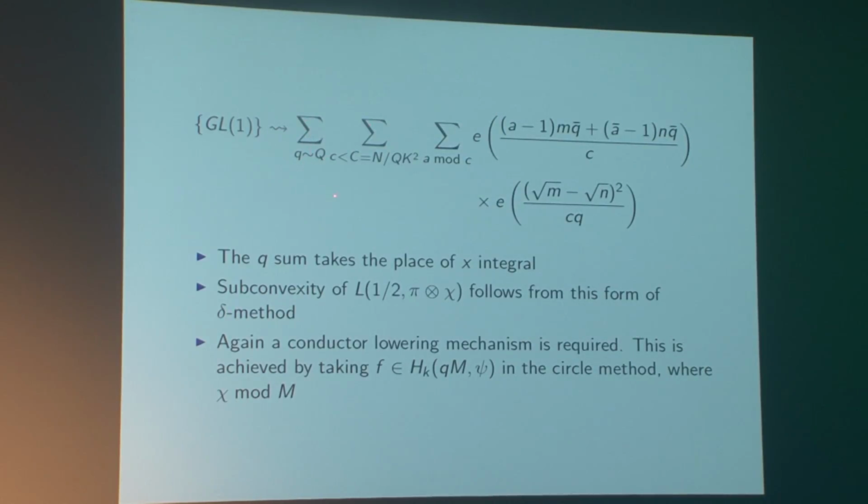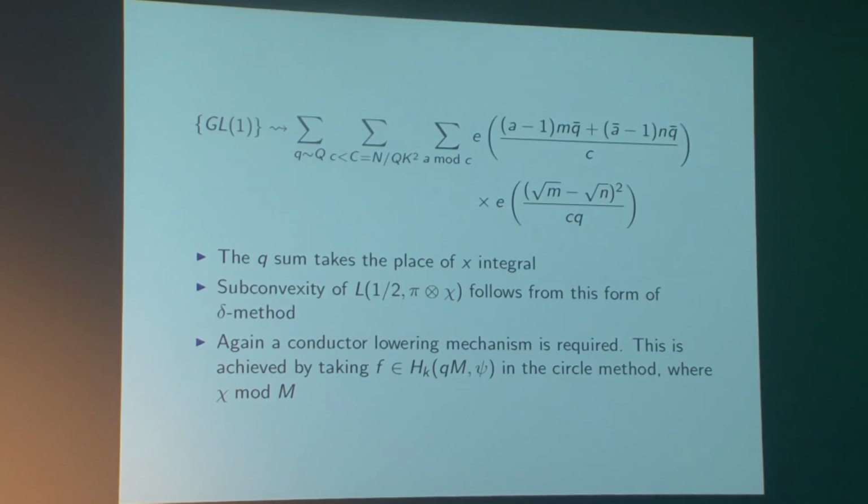So this is a different version of the Kloosterman circle method where you have an arithmetic sum instead of the analytic integral. Okay, and this q sum plays an important role because you get cancellation in A, cancellation in C, and also cancellation in q. And that gives you the subconvexity for the twist of GL3 L-function.